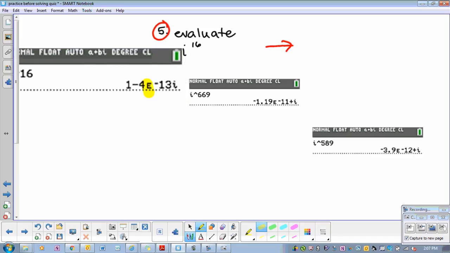What is right next to the E? Negative 4. And what else? Negative 13i. Isn't that right next to the E? And then that all goes away. What's left? 1. So i to the 16th is 1.